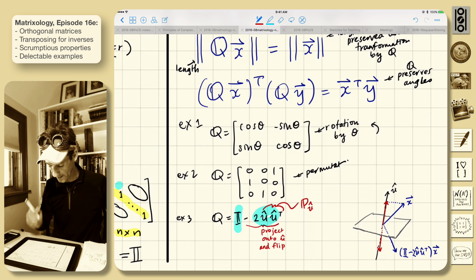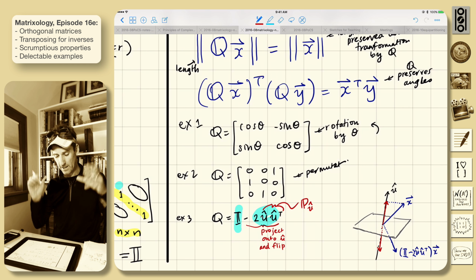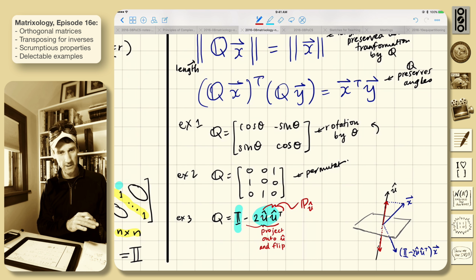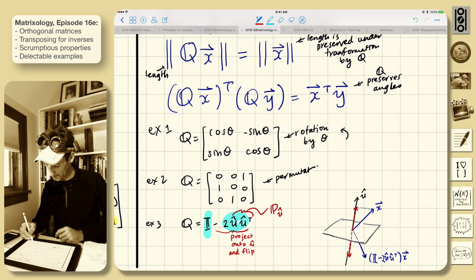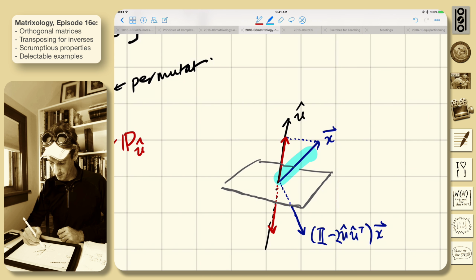Projection onto u hat. So we project a vector onto the u hat direction, and then we subtract 2 times that. The idea is, here's x. We find the component of x in the u direction. We subtract that off, and then we subtract off another equal amount.